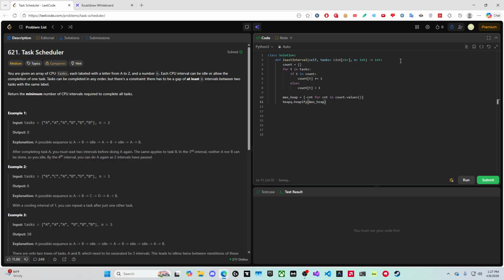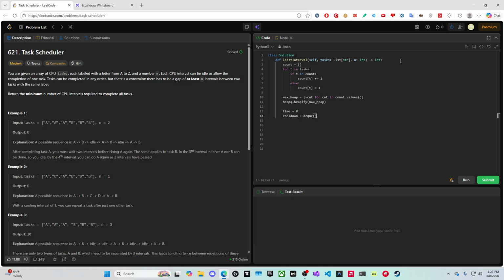It's really a min heap, but we're essentially implementing a max heap, but like I said, Python only has a min heap, so we have to do this stuff here with the negative values. Okay. Initially time is just 0, and our queue we're just going to call it cooldown.